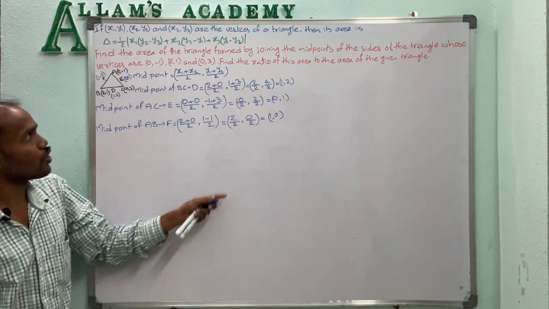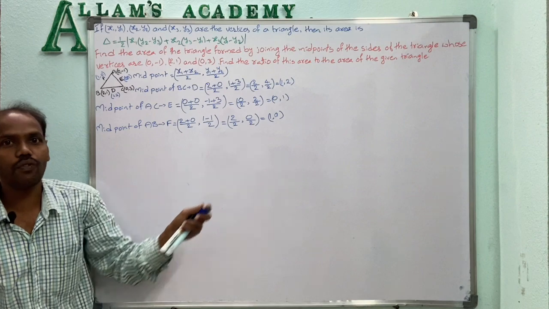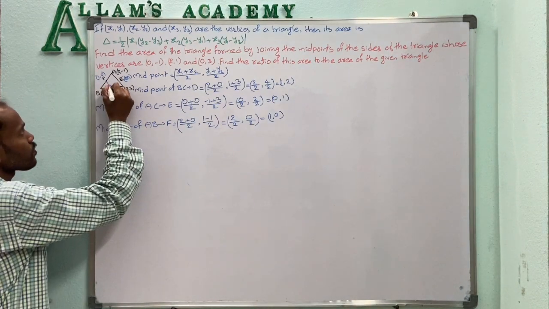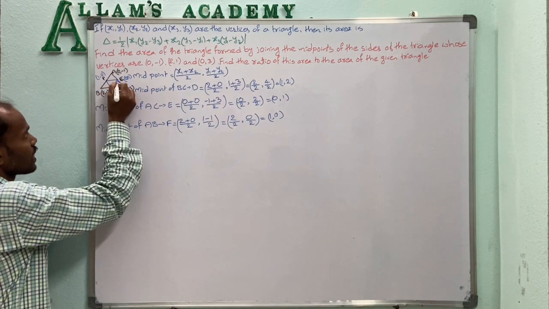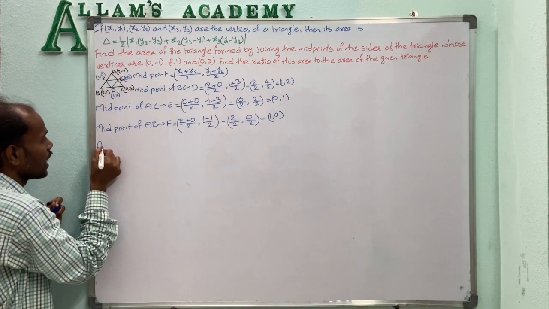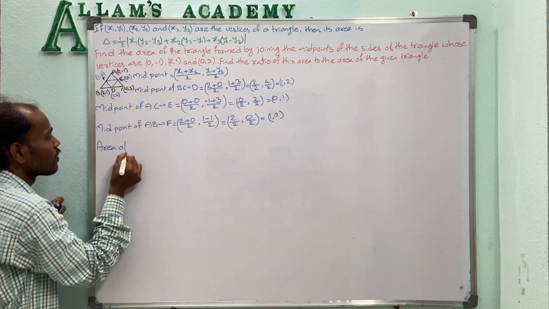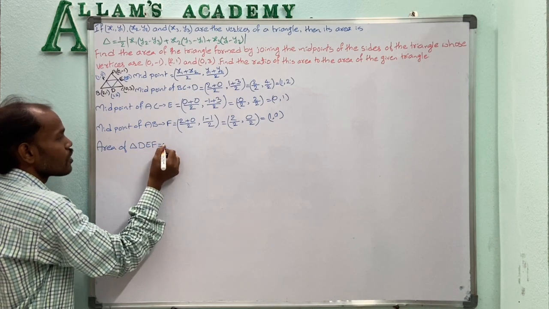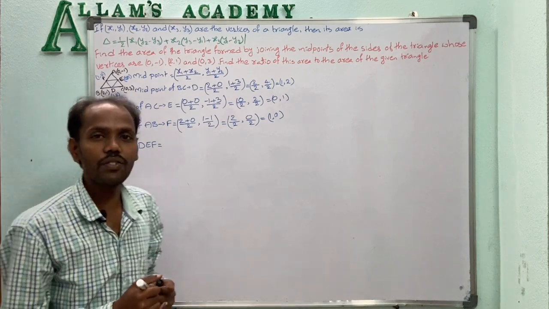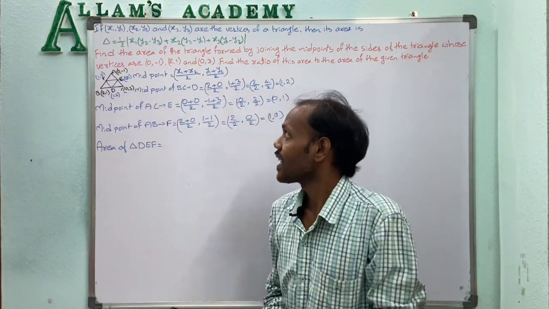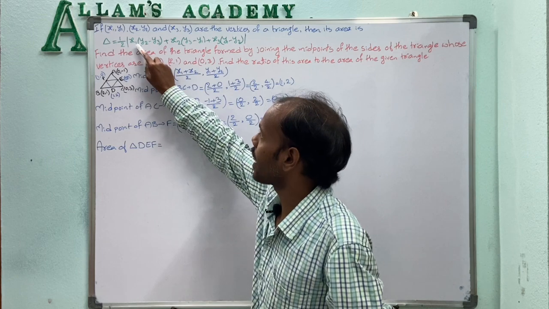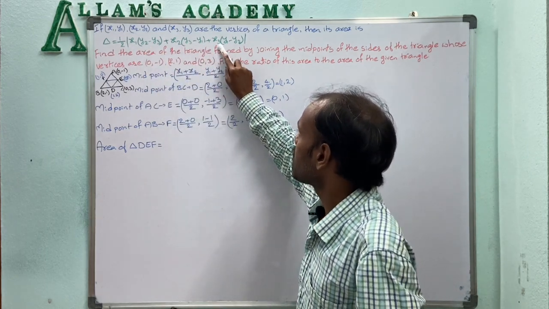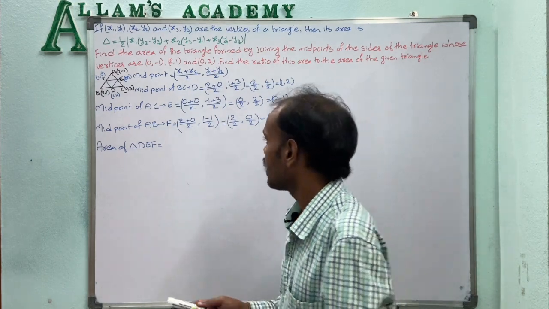Now using these vertices, we find the area of triangle DEF. If three vertices are given, the area is half mod of x1 into (y2 minus y3) plus x2 into (y3 minus y1) plus x3 into (y1 minus y2).